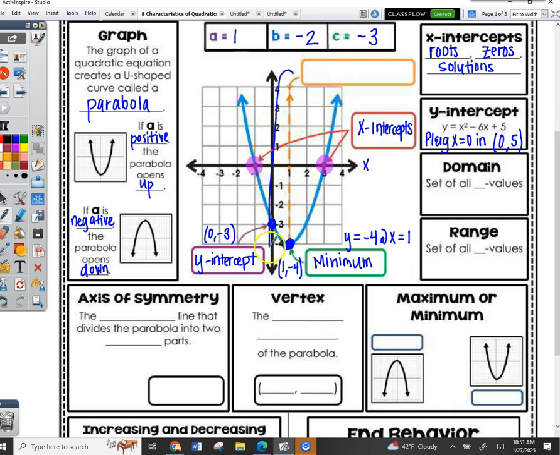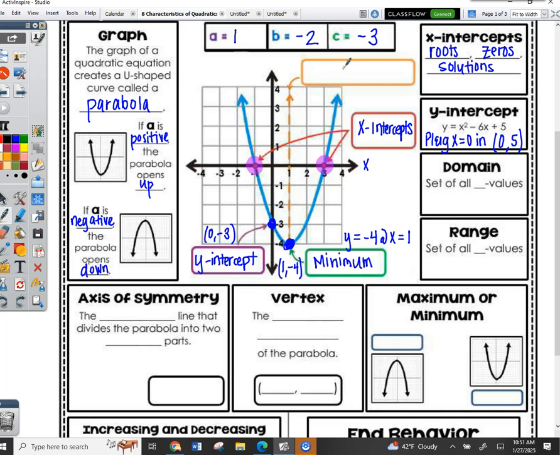This is new. What do you notice about the yellow dotted line? Notice where it's placed. It is vertical, in the middle of the parabola.